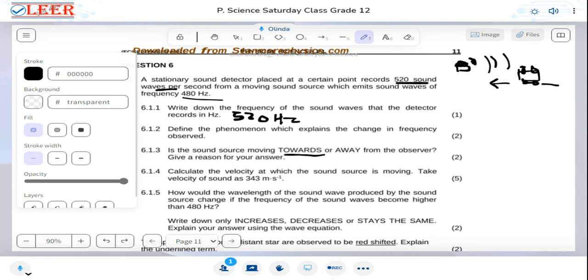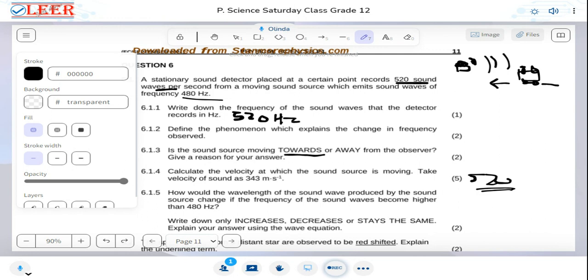Because the detected frequency is higher than the source frequency. The stationary detector records 520, from a moving source which emits a frequency of 480. So it's towards because the detected 520 is higher than the source frequency of 480.